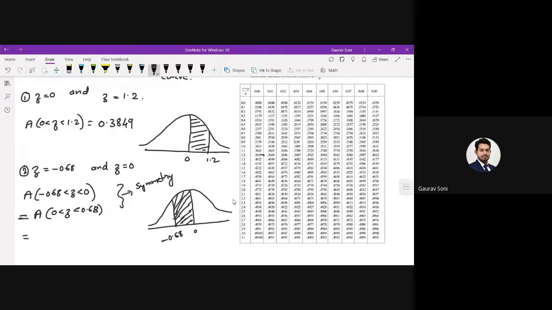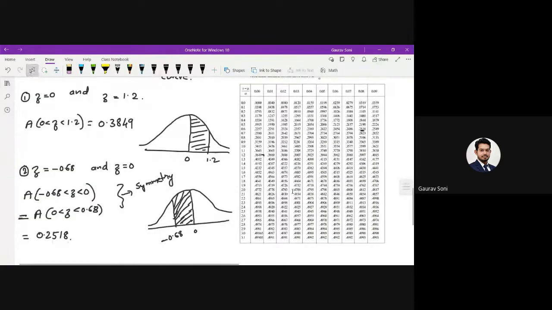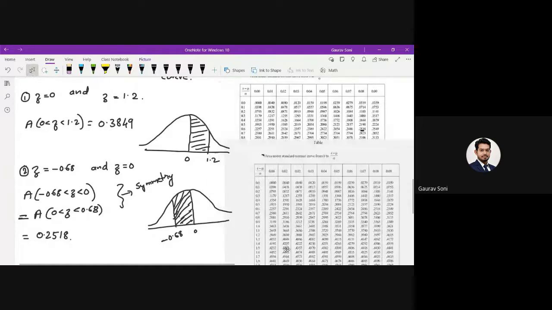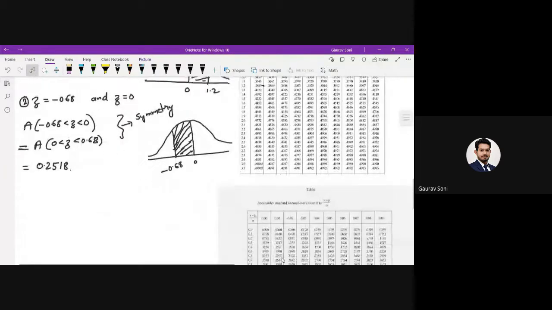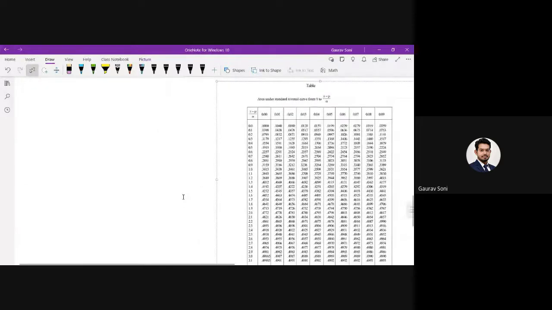So this is equal to 0.68, 0.2518. Then next case, third one.